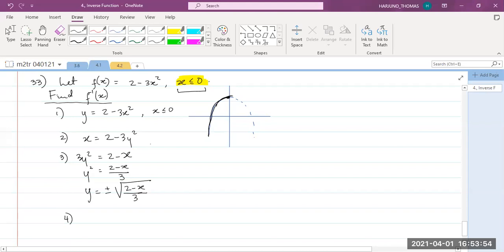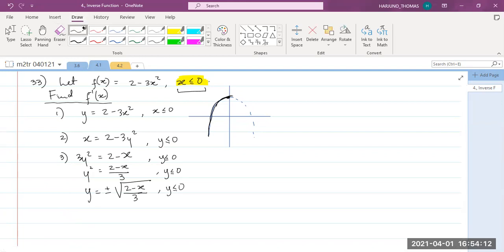Then in step 2, when you swap the x and y, the x less than or equal to 0 becomes y less than or equal to 0. And that's what you carry through all the way. We didn't need it at that time, but I just keep on writing it down until I have to make a choice. The y may be positive, may be negative, right?